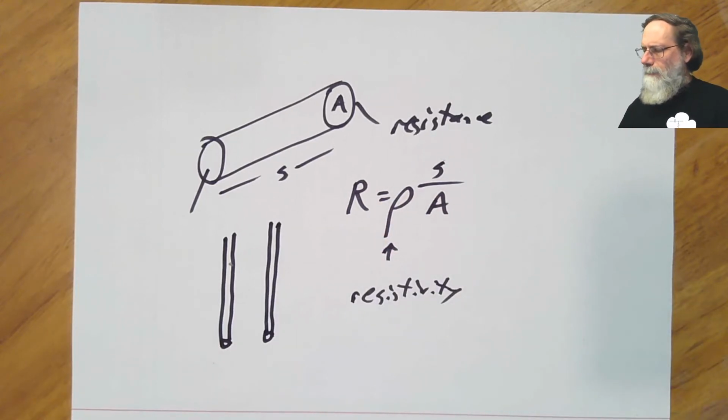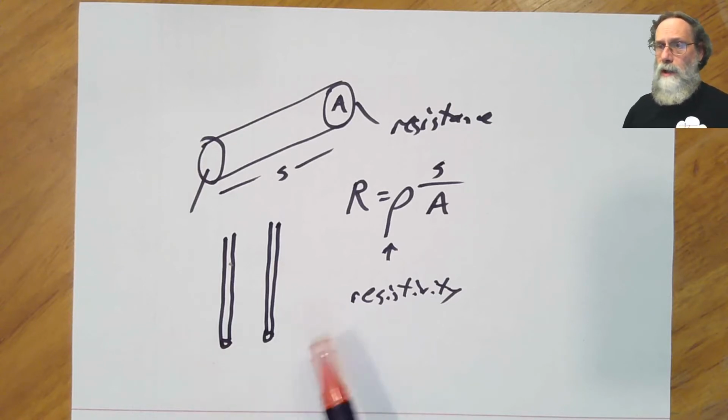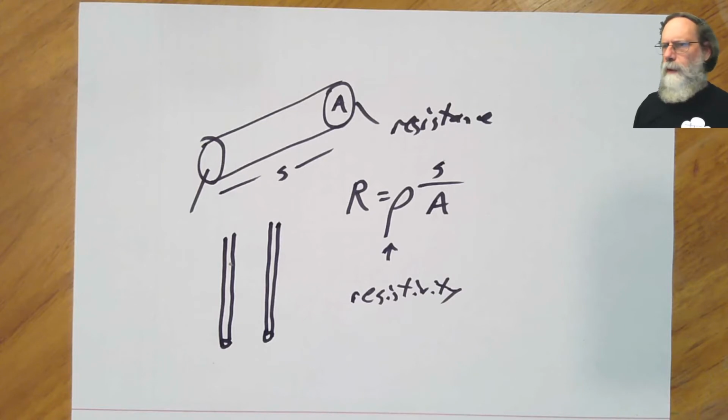And it is possible to calculate analytically what that geometric factor should be. And there's actually a formula for it in the book. It's not an easy calculation to do. It involves doing Schwarzschild formulas and stuff like that that are way beyond the scope of this class.